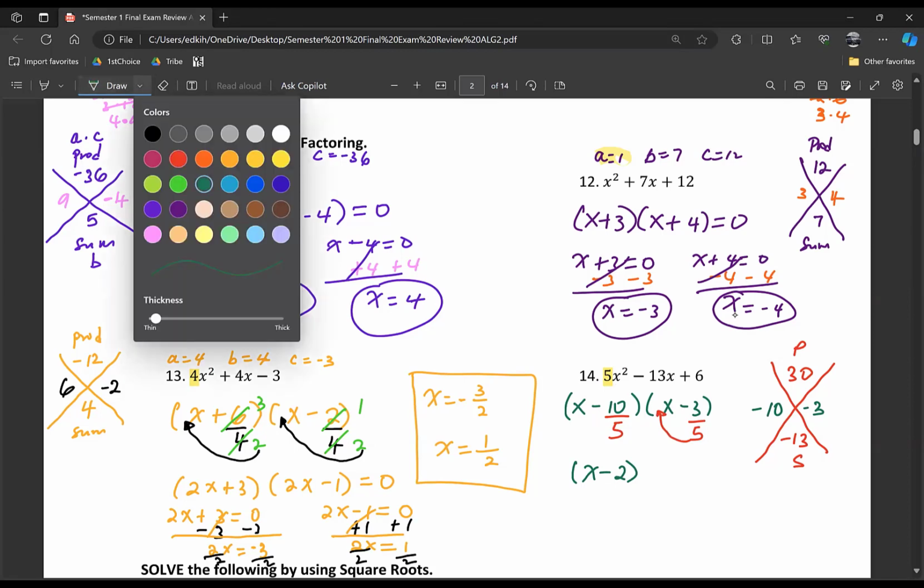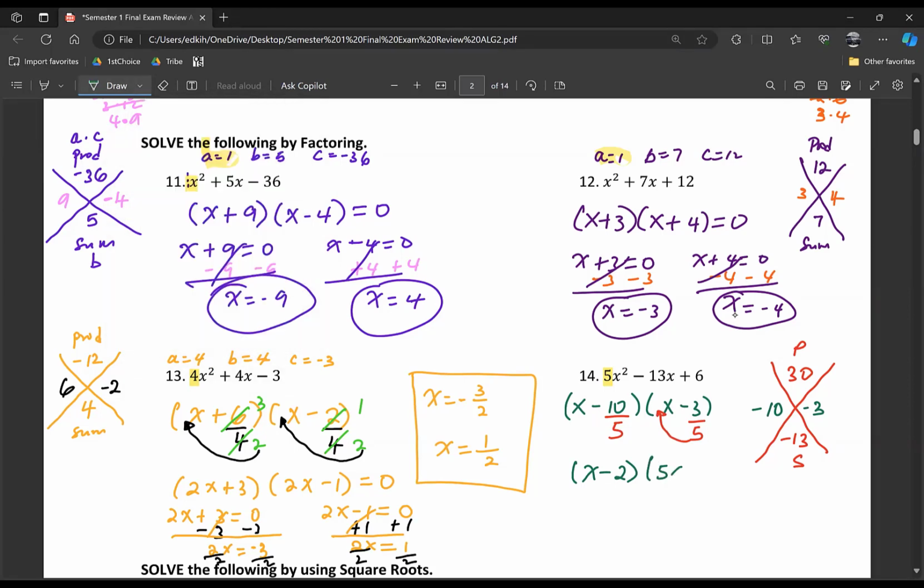So then that's going to become 5x minus 3 equals 0. Since you're solving, you're going to set each of your factors equal to 0, and then you're going to use algebra to solve. So here you're going to add 2 to both sides. X equals 2. And on the other one, you're going to add 3 to both sides.